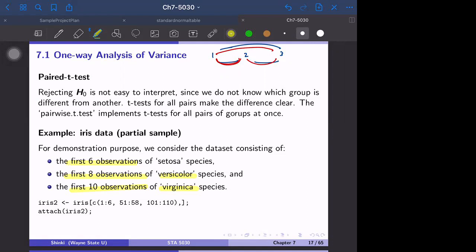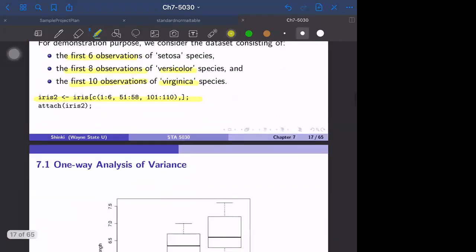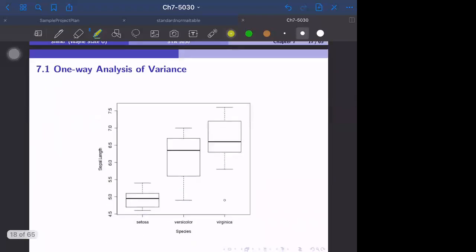This is the dataset to use. This is the box plot for the sepal lengths of these 3 species. Setosa is clearly smaller than Versicolor, but Versicolor and Virginica are somewhat similar.